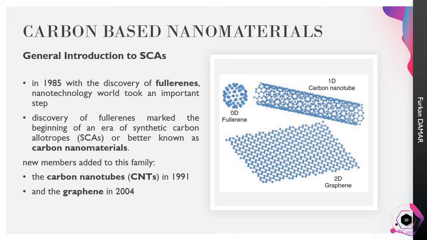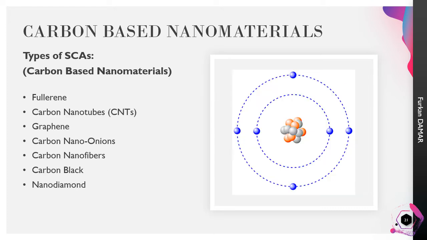After some time, new members were added to this family like carbon nanotubes and graphene, and these materials can be seen in the illustration. And these are all types of carbon-based nanomaterials: fullerene, carbon nanotubes, graphene, carbon nano-onions, carbon nanofibers, carbon black, and nanodiamond.